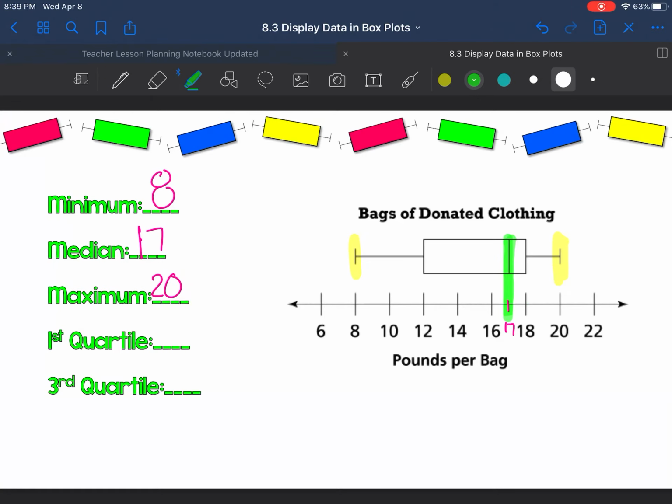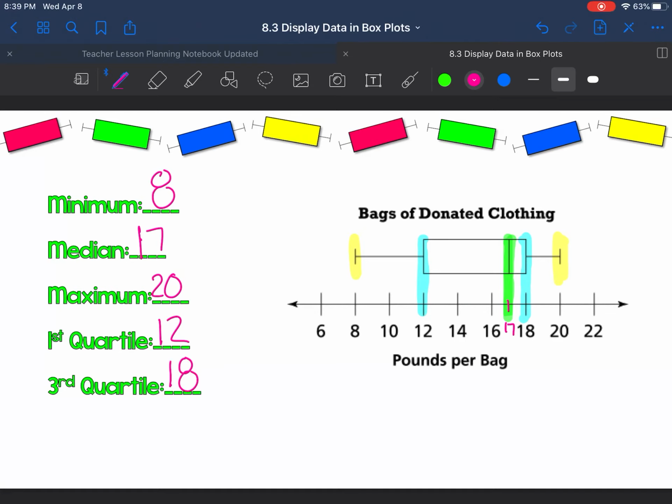So that means that our median is 17. Now let's keep going. Let's find our first quartile. Our first quartile is our first line in the box, and that looks to be at 12. And our third quartile is our last line in the box, and it appears to be at 18.